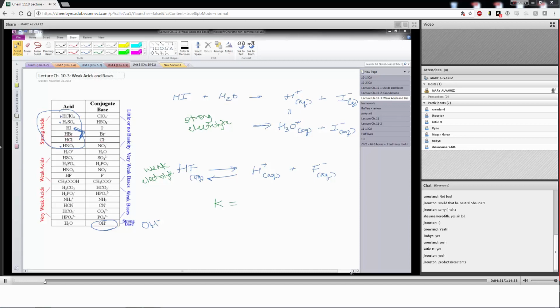Perfect. Yes, Joyce is exactly right. We always put the products divided by the reactants. So here are my products in this concentration. My H plus multiplied by concentration of my F minus divided by concentration of my HF in solution.